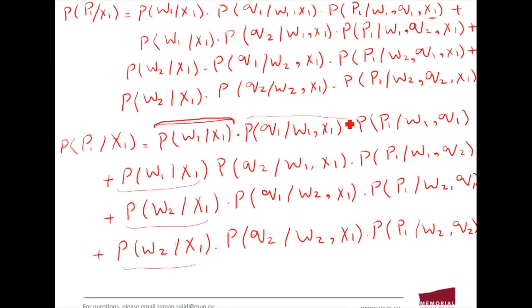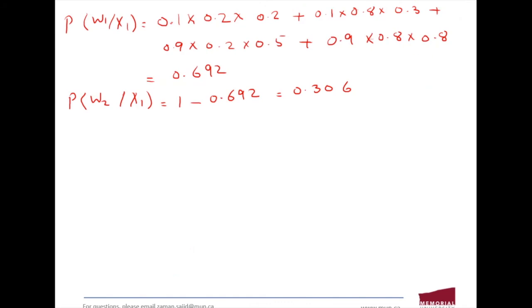Again I will use the law of total probability for Q1, and I will take the conditional probabilities with respect to W1 and X1. What is my objective now? I want to find out the probability of Q1 given that W1 and X1.